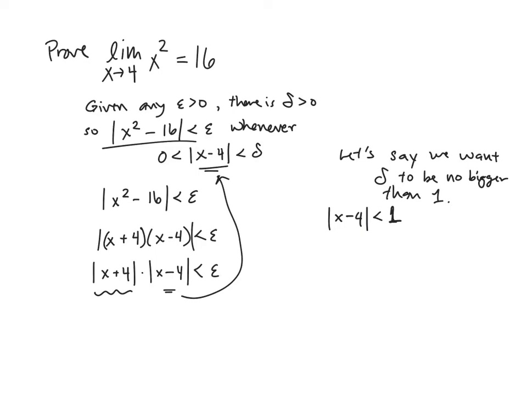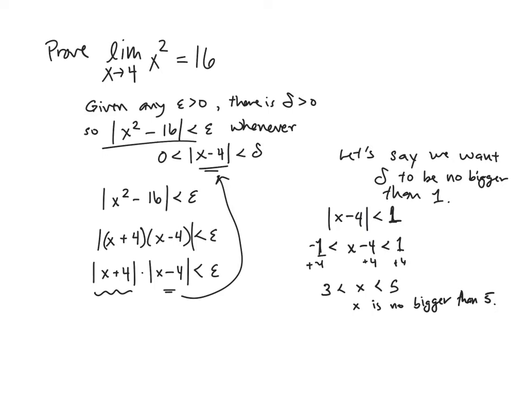If that's the case, then negative 1 is less than x minus 4 is less than positive 1. Go back to the first part of the first video, see how I did that. And then if I add 4 everywhere, I get that x is between 3 and 5. So that means x is no bigger than 5.